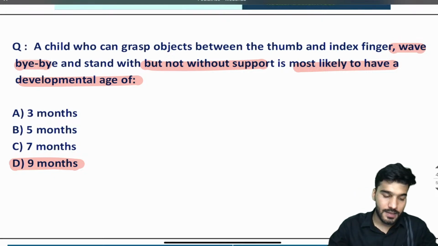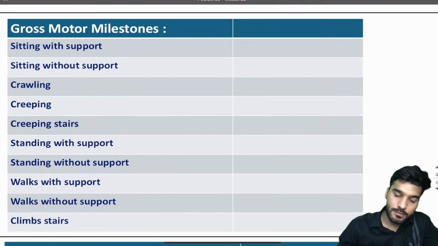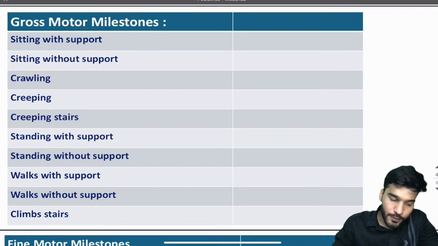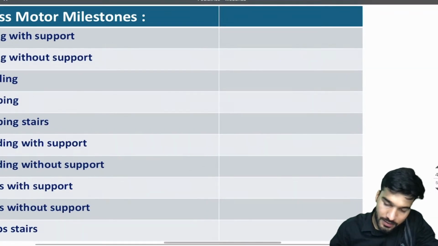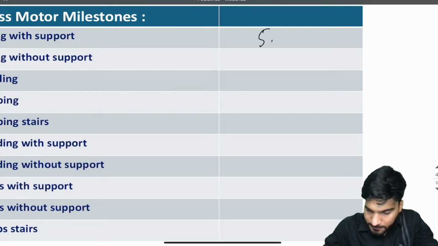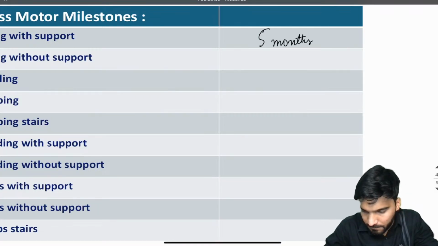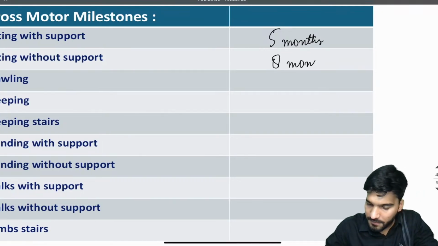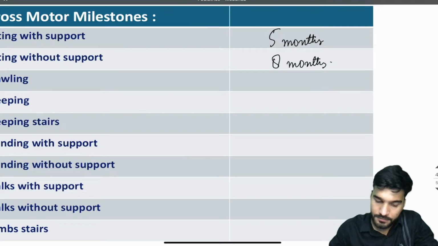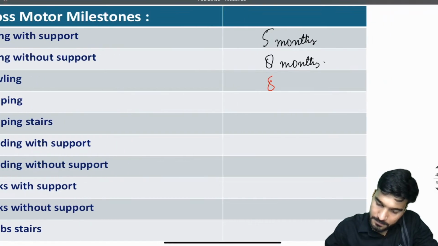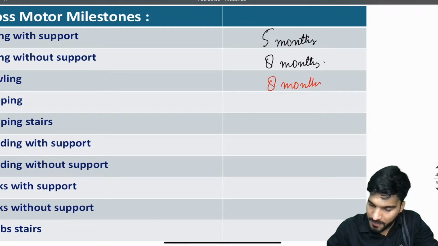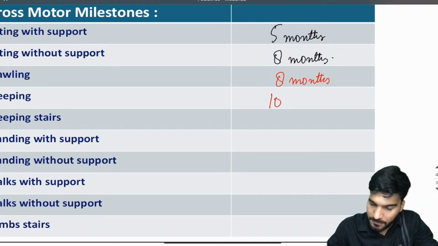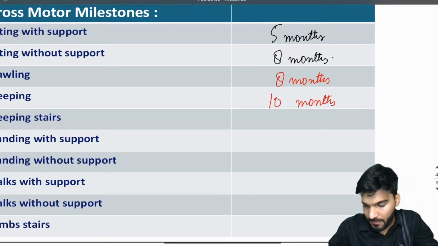Let's discuss the gross motor milestones. Sitting with support is around 5 months. Sitting without support, 8 months. Crawling, around 8 months. Creeping, 10 months.